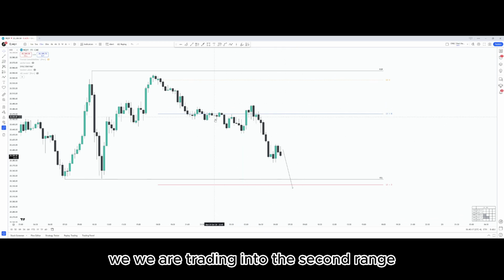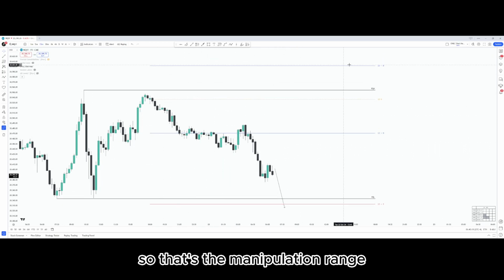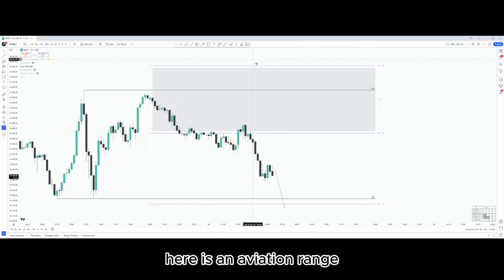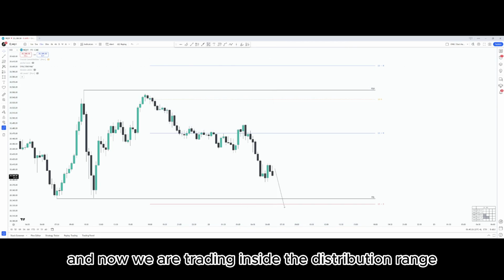We are trading into the second range, so that's the manipulation range. Here is the manipulation range, and now we are trading inside the distribution range.